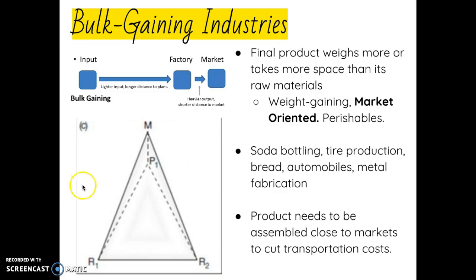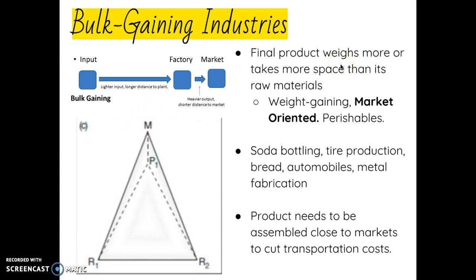Let's say that your raw materials, let's say water and corn syrup, are located in these places, right? It is easier to ship those materials to the production facility to then be filled in plastic or glass bottles and actually gain weight and then travel a short distance to the market.